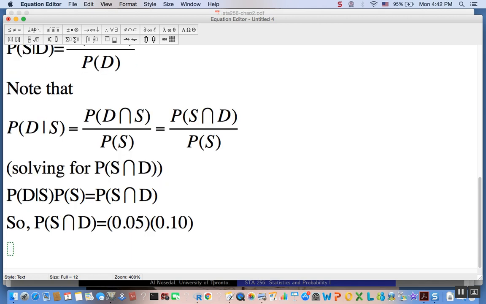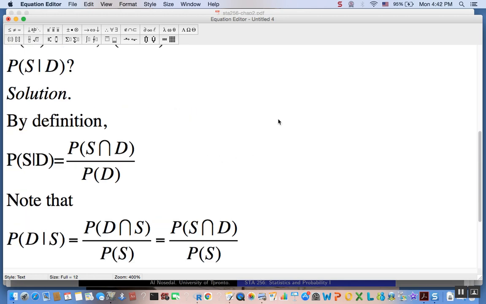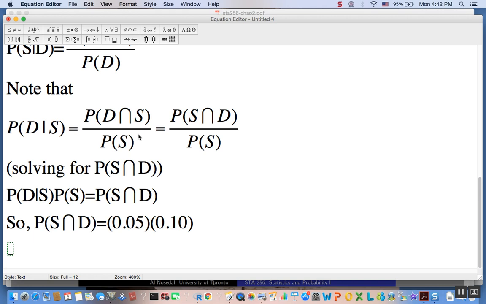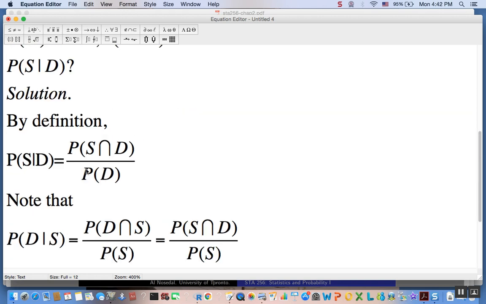So we have the numerator. We just have to find the denominator and then we're done. The denominator that we want is this, the probability of D. Okay? How do we find that guy?